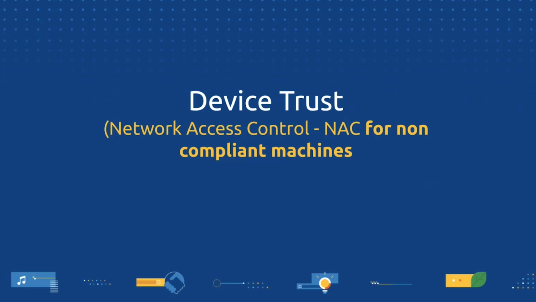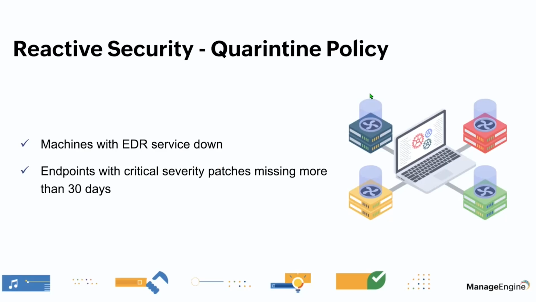For John, there are two specific security standards which every machine should satisfy. One of them is that on each and every machine, the EDR service should always be running. And at the same time, no machine should have any OS critical patch pending for more than 30 days. So let us see how this can be achieved using our solution.